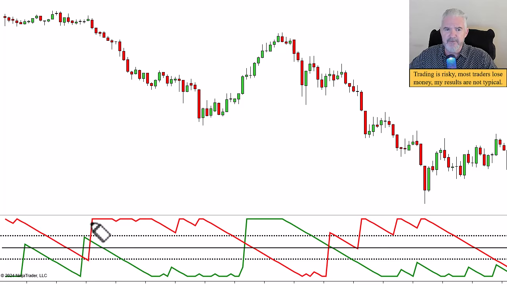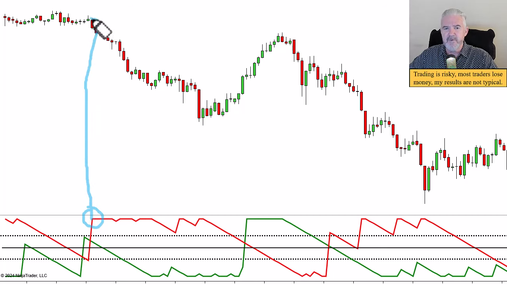So what I'm looking for is when red gets up here to the 100. Remember, that is the bounded indicator's highest level it can go. So that is an extreme bearish trend signal. So that's when we look to go short.